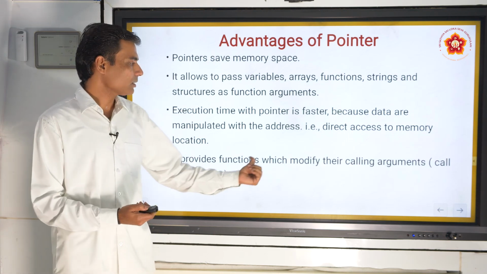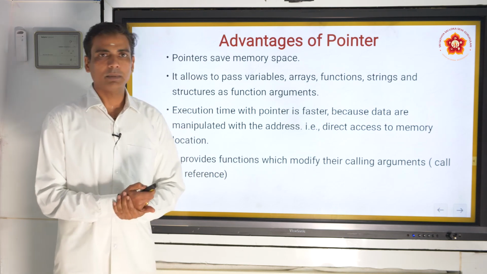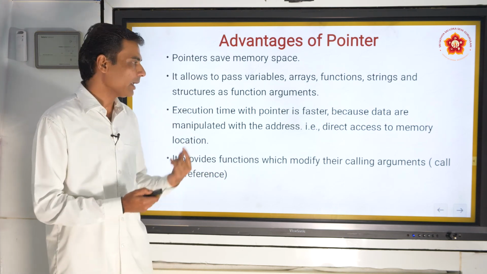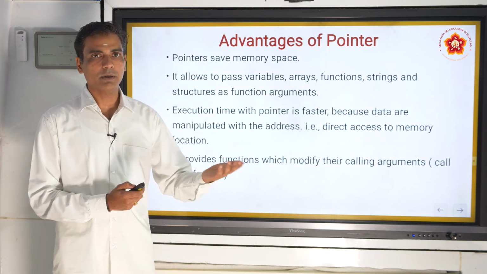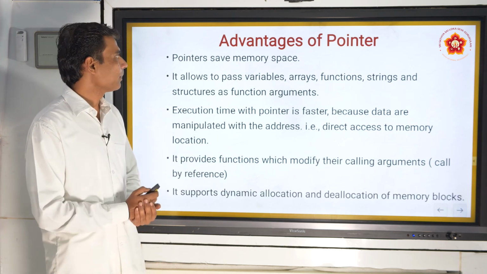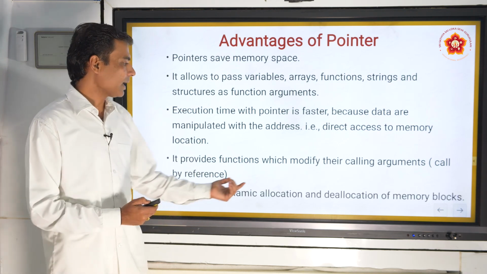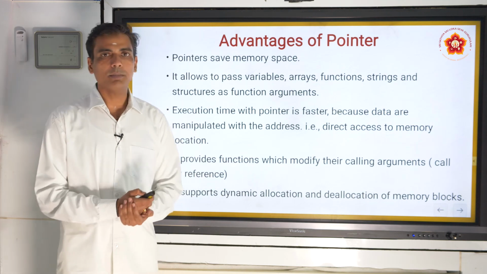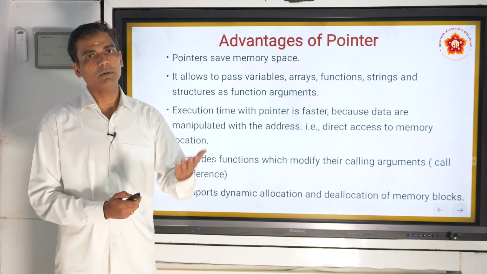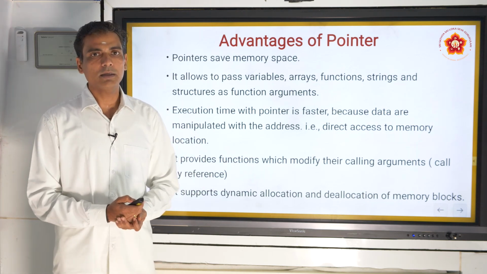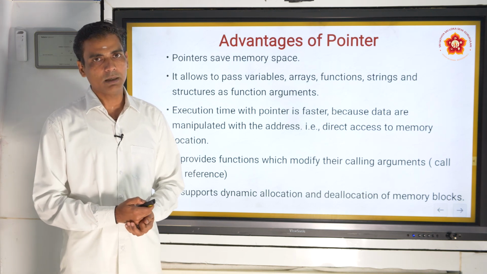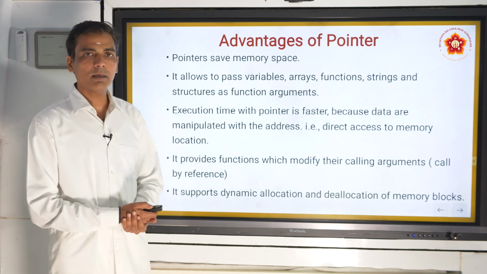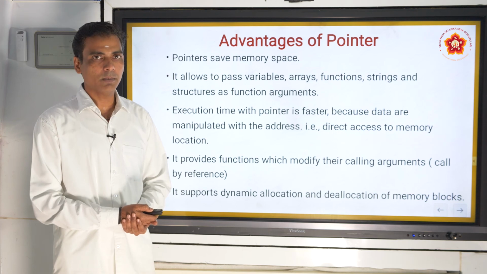Now, it provides functions which modify their calling arguments, that is we call it call by reference, which we are going to study in the next part of the video. And then it supports dynamic allocation and deallocation of memory blocks. This part also we are going to see, how a pointer is used to allocate memory dynamically. Dynamically means during the runtime of a program.